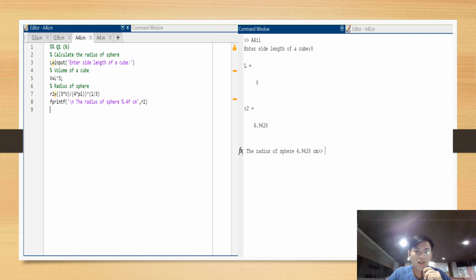We write down our input L, and then define our volume equal to L to the power of 3, and our equation for the radius of the sphere R2 equal to 3 times volume over 4 pi, all to the power of 1 over 3, and then we save our script file and run it in the command window. We will get the radius of the sphere, which is 4.9628.